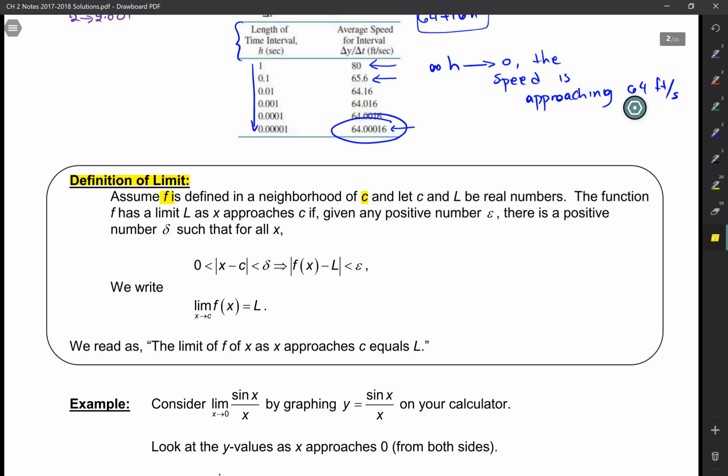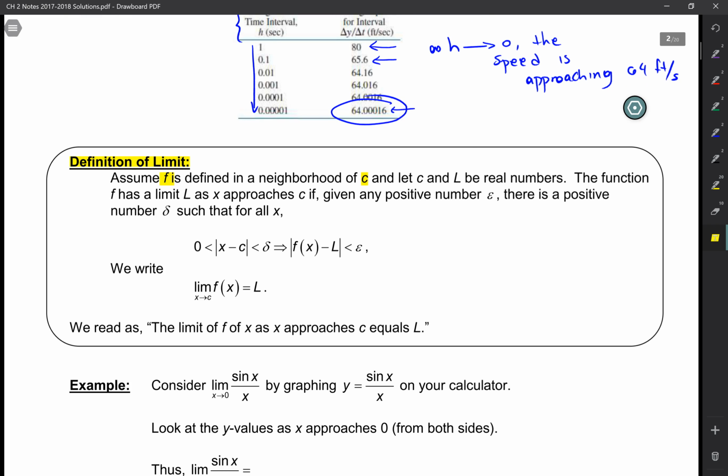Now, take a look at x minus c. x minus c is basically the distance between x and another number.